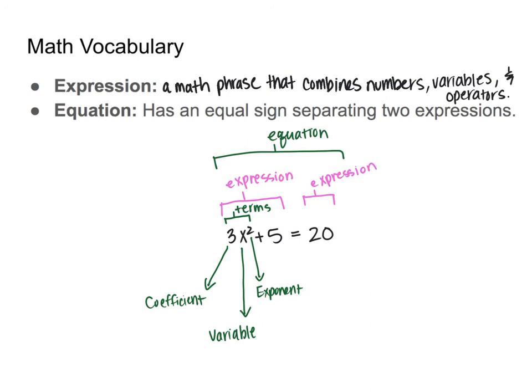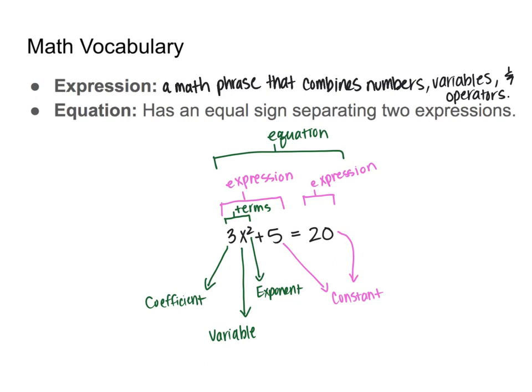And last but not least, we have this 5 here, and that is going to represent our constant. When a number stands by itself, notice how this number doesn't have a variable or an x next to it, it is what we call a constant. And this 20 is also a constant.